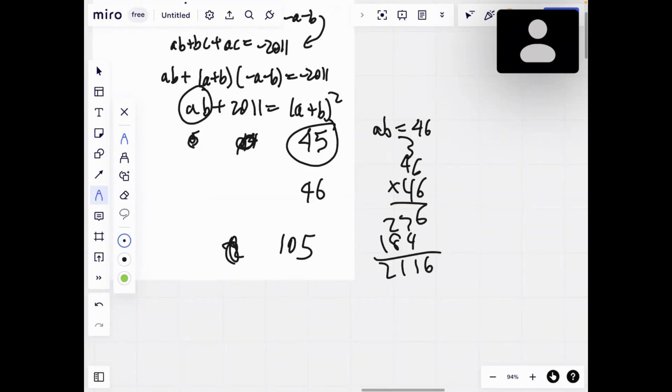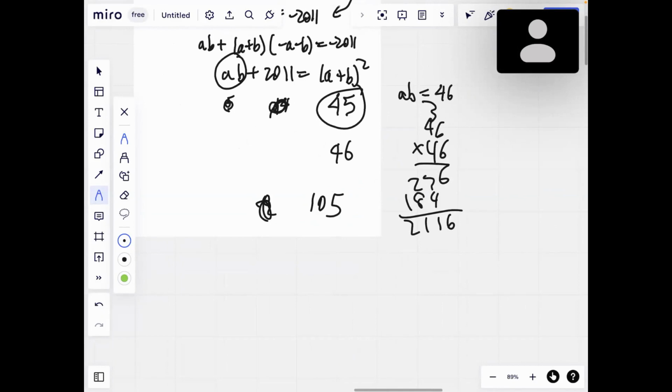So next we have 47. 47 squared is 2209. Yeah, 2209.